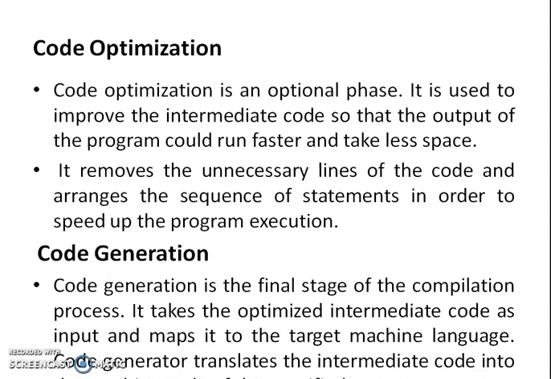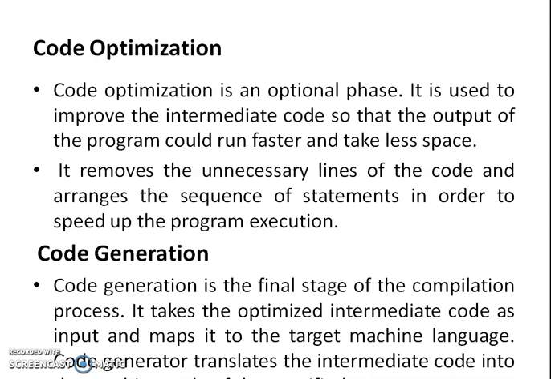The next phase is code optimization. This is the fifth phase, and it is an optional phase. Code optimization removes unnecessary code lines and also arranges the sequence of statements in order to speed up program execution without wasting resources like CPU, memory, and many others.